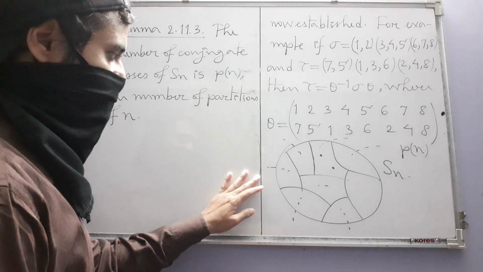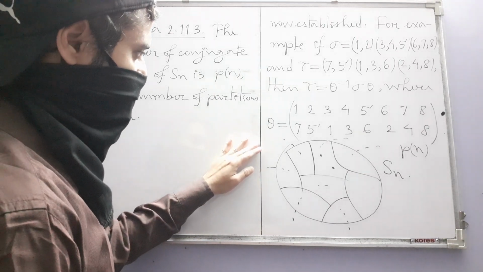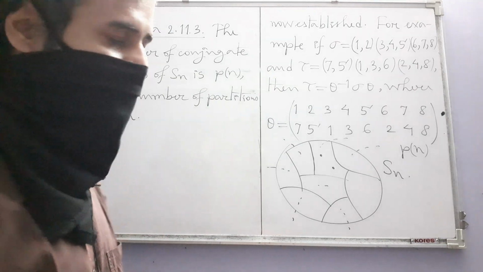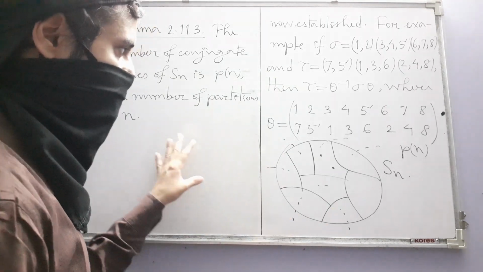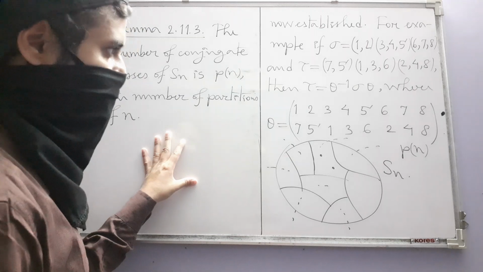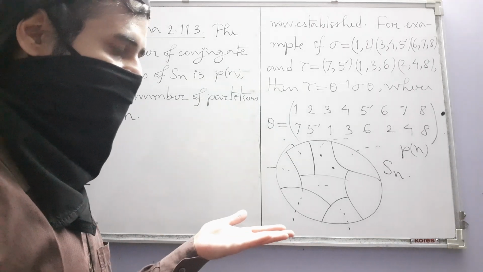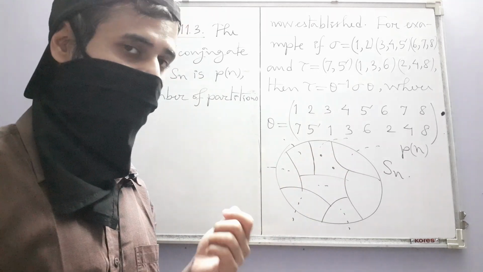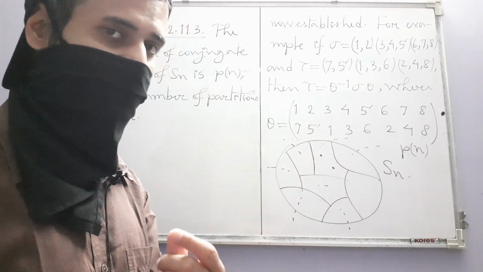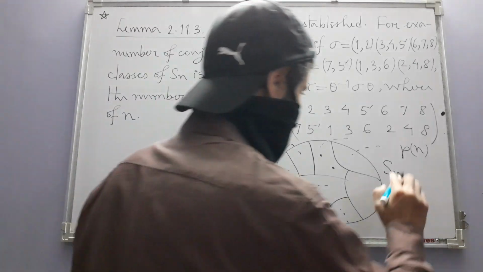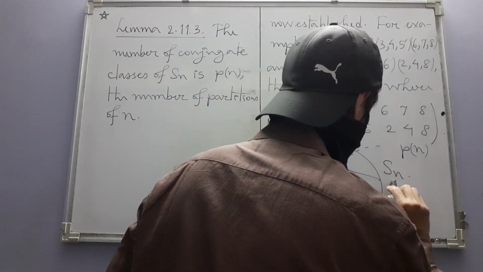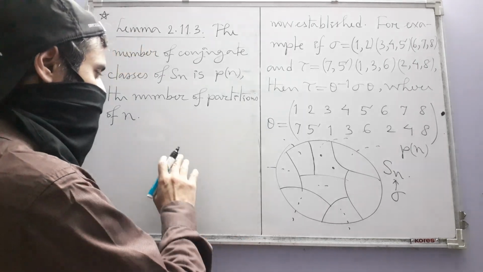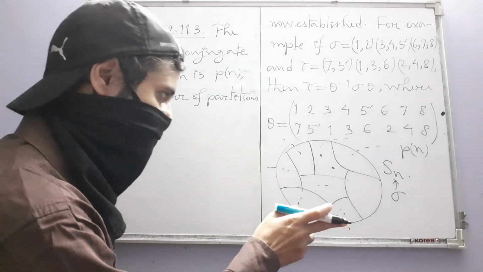So after determining such a nice description of the conjugate classes in Sn and also their total number, we can determine how many permutations you will find in Sn that will commute with a given permutation. Say you have some sigma in Sn, you are now in a position to say how many permutations will commute with sigma.